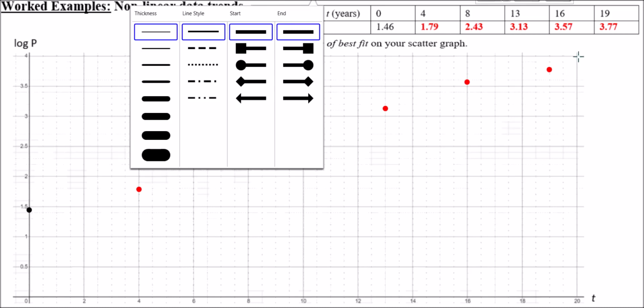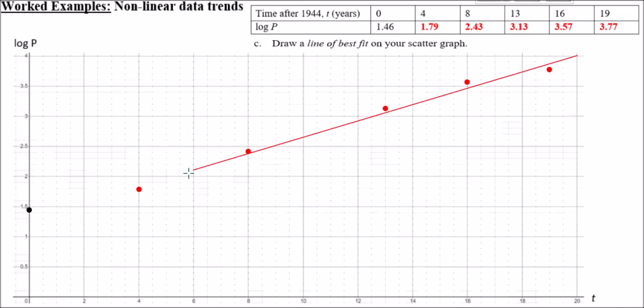I'm going to take something like this. Is that perfect? Is that exactly the same as yours? Probably not, but it's close enough to most of the points. That will do, and so that's a line of best fit. You do yours yourself. If you disagree with me slightly, feel free to do yours in a slightly different way with a slightly different gradient. That's absolutely fine, as long as you're not completely miles off.